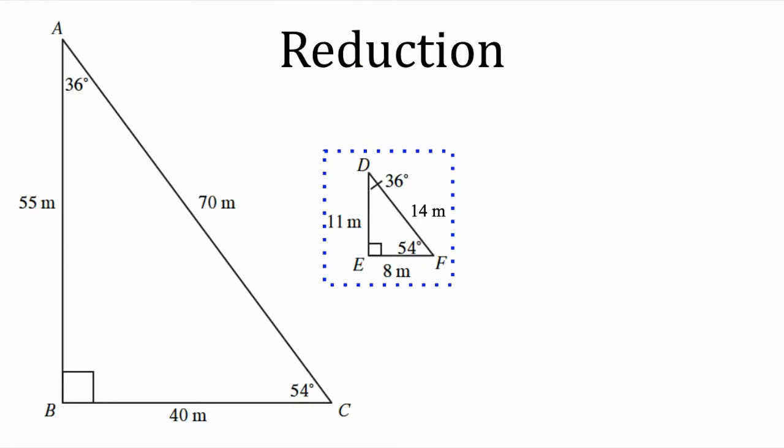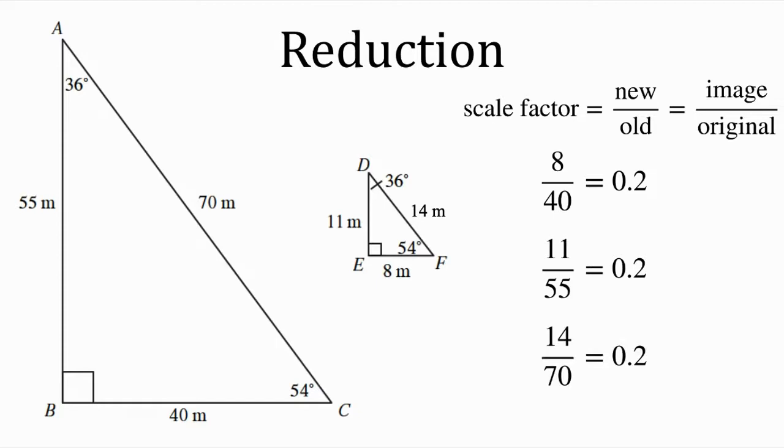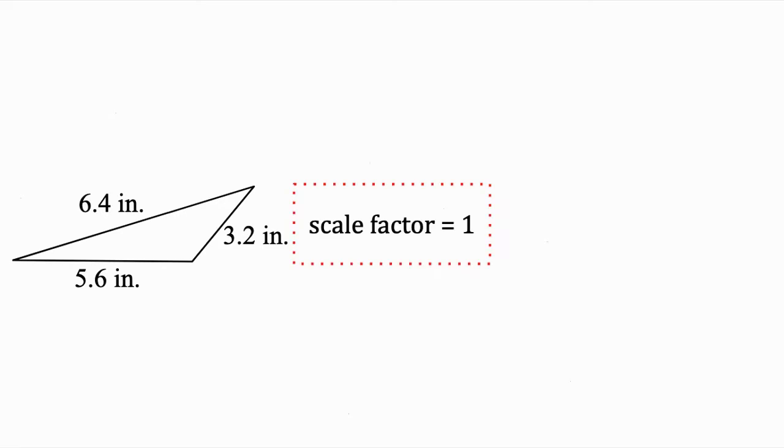In order to calculate the scale factor of this reduction, we divide new by old, or the image's measurement by the original's measurement. So we see here that 8 divided by 40 equals 0.2, as does 11 divided by 55, as does 14 divided by 70. So we see the scale factor 0.2. What if the scale factor had been 1?